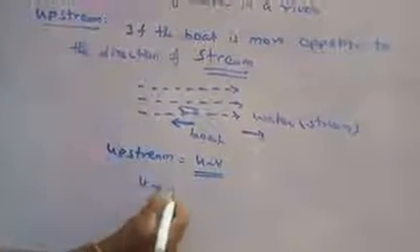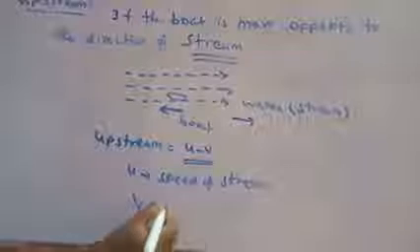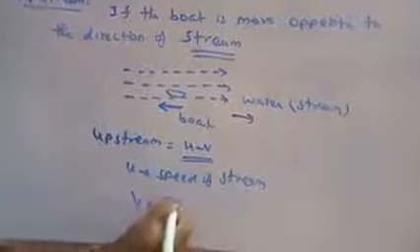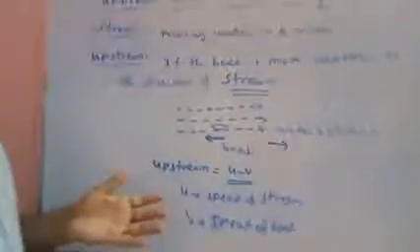Then the formula for finding the upstream value: upstream is equal to u minus v. Now, what are u and v? Here u is the speed of stream, and v is the speed of boat. This is the upstream formula. So, what is the meaning of stream? What is the meaning of upstream?